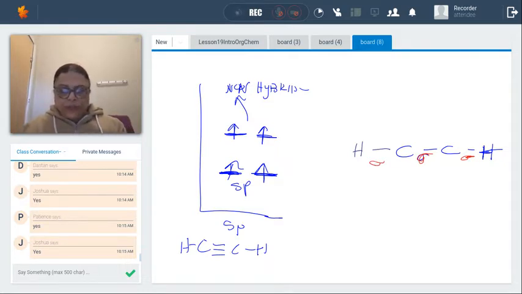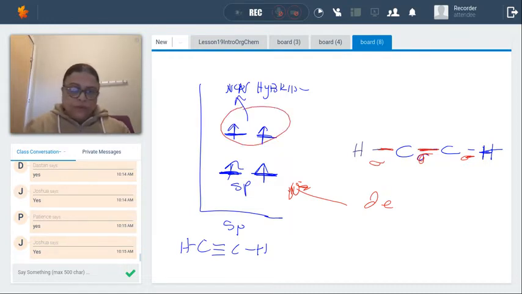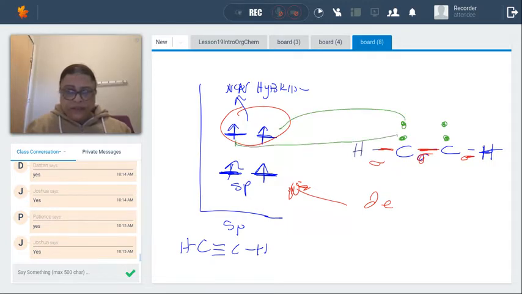Okay, so now each carbon has 2 electrons from the hybridization. They go to this bond, and 2 electrons that are not hybridized. So this is not hybridized, this is not hybridized, this is not hybridized, and this is not hybridized. Each comes with the 2 non-hybridized, and they form 2 pi bonds.